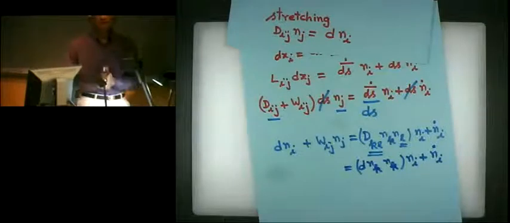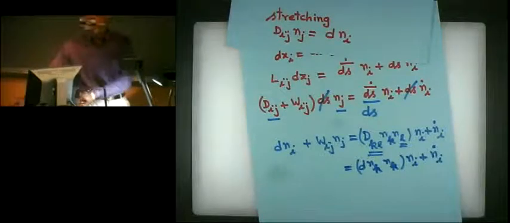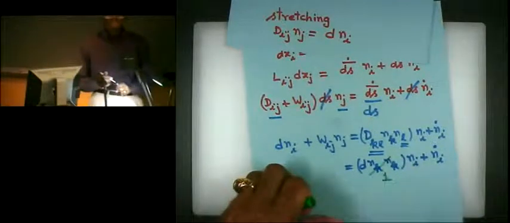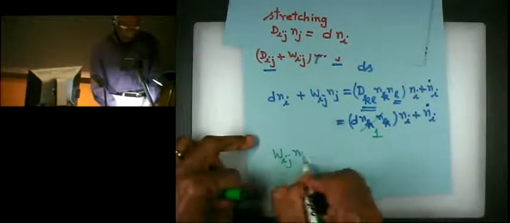No, it's not 0. It's 1. n is a unit vector. nk nk means n1 square plus n2 square plus n3 square, so it's 1. Scalar 1, not number 1. So d ni cancels on both sides, and what we get then is that wij nj equals ni dot.